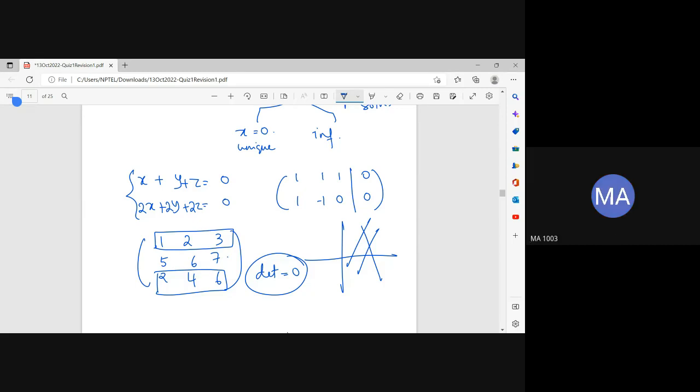No, at least one independent variable is guaranteed, right? In this case, there is one independent variable. Yes, but what I said was that at least one independent variable is guaranteed.